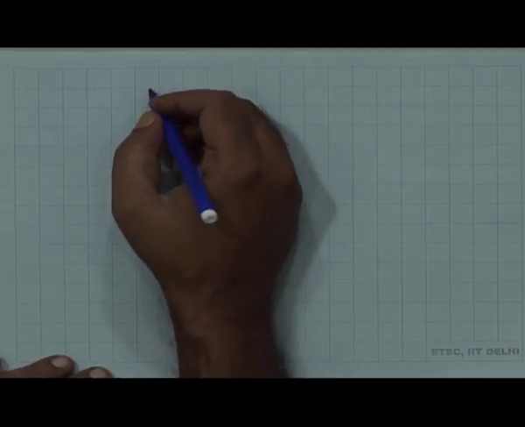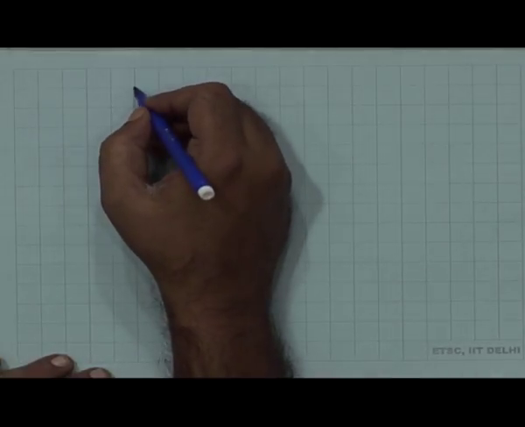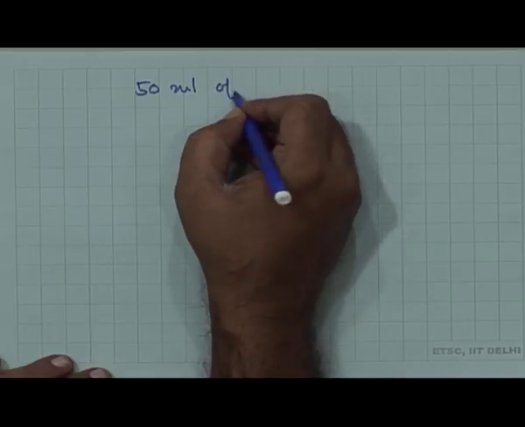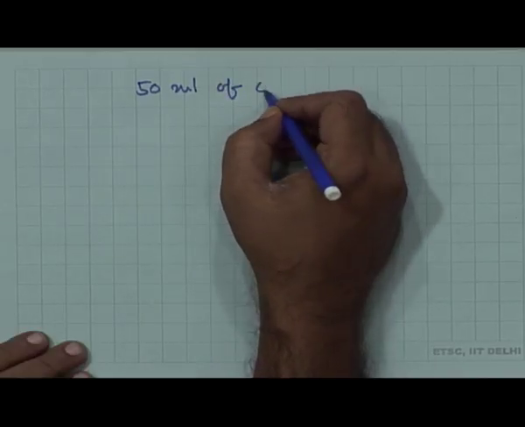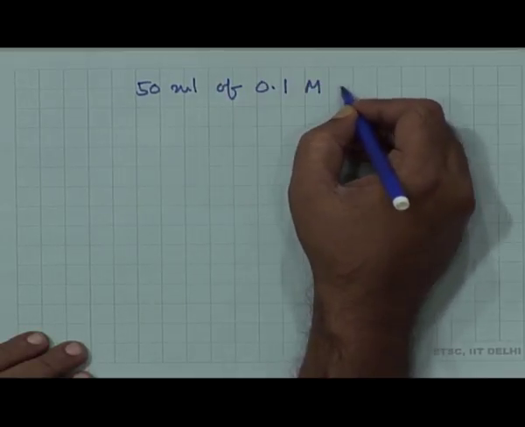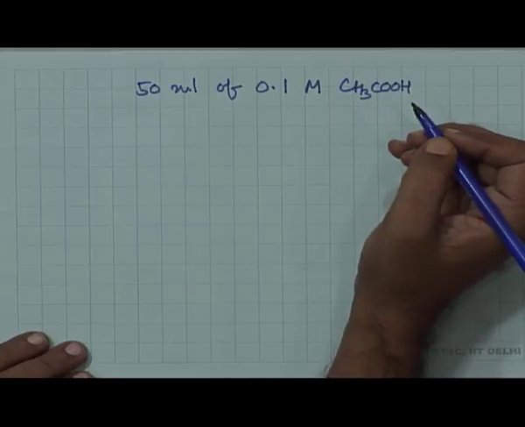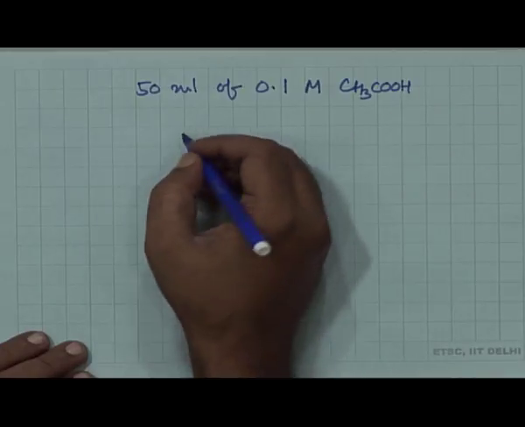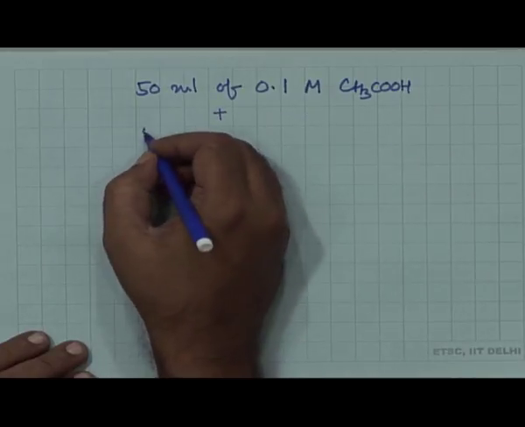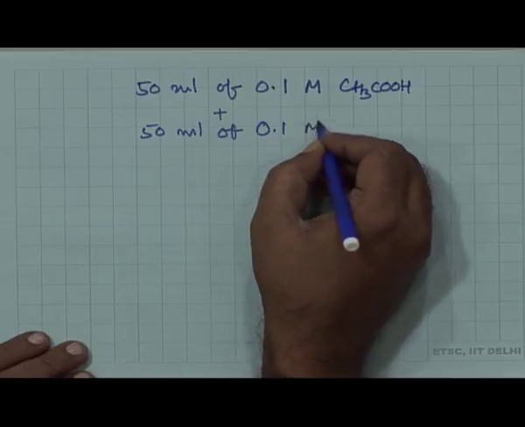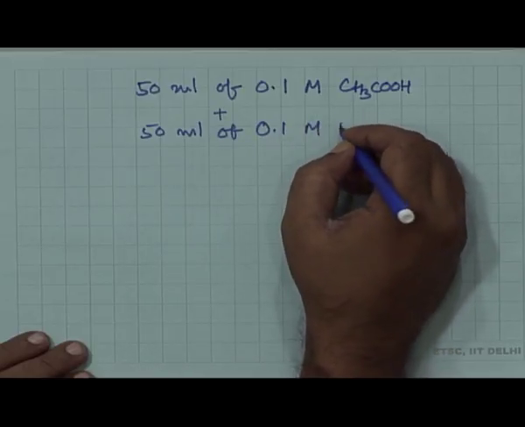So, let us start with 50 ml of 0.1 molar acetic acid, and then titrate with 50 ml of 0.1 molar NaOH.